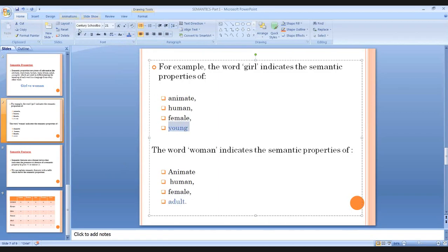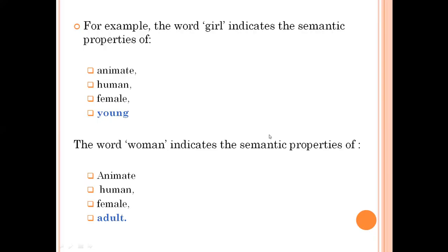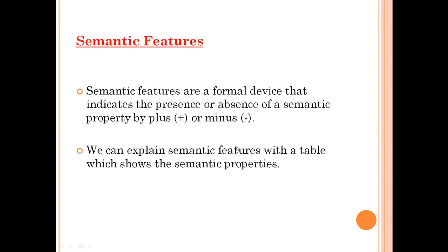So this property differentiates the two words. Only this property differentiates the two words. অনেকটাই সিমিলার স্যার। প্রথম তিনটা কি, animate, human, female. Only the last one is different. জি স্যার। Last one is different.